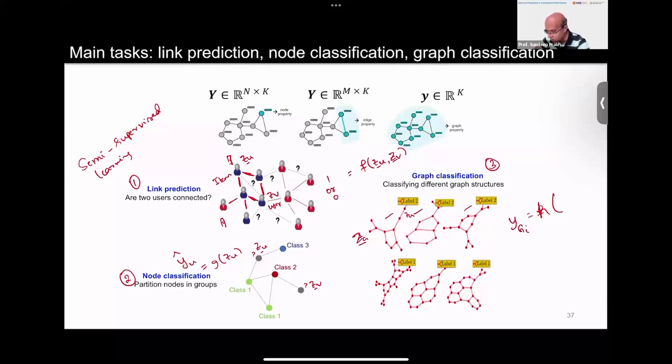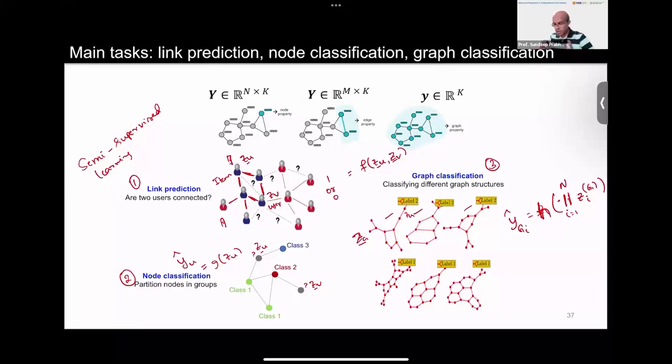So you would concatenate, and this is my notation for concatenation, the features of all the nodes in that particular graph G1, and then pass that through some function to guess a label for that particular graph.